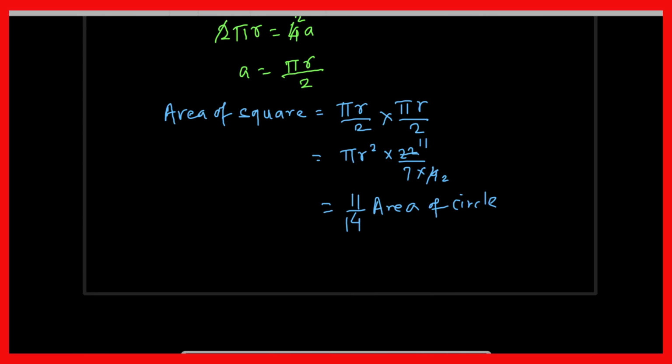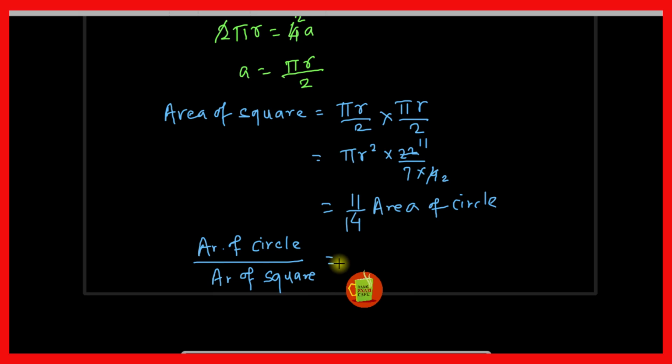If you take the ratio of the area of circle to the area of square, that will be equal to 14 by 11.